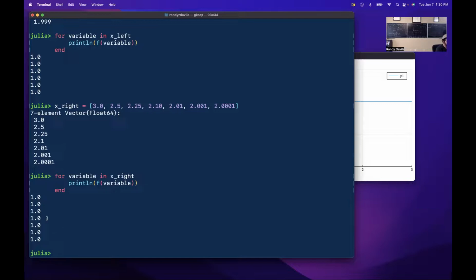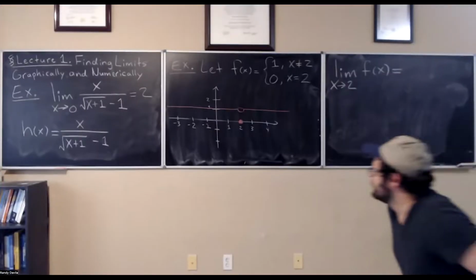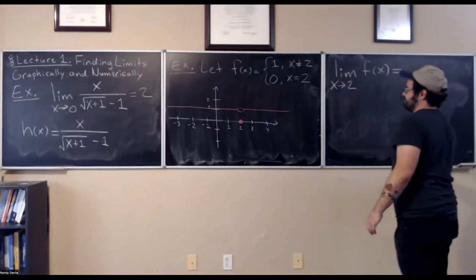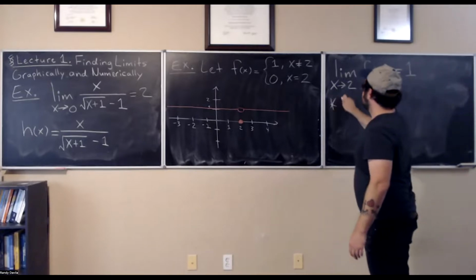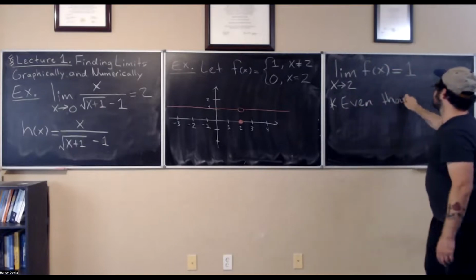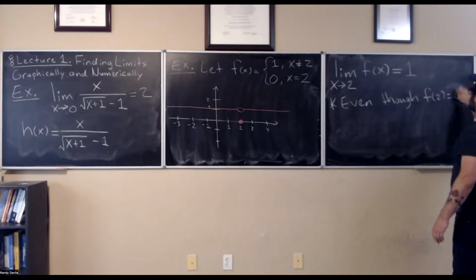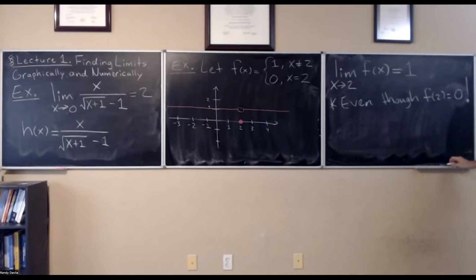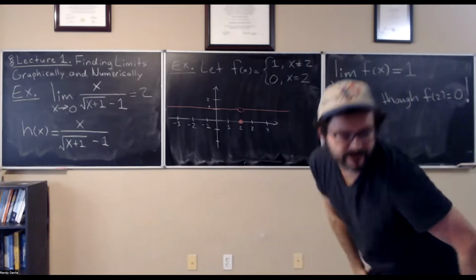As we go to x equals 2 from the left and the right, that's going to be the limit. So here, the limit is in fact 1, even though f of 2 is equal to 0. It's a really important point to make here.